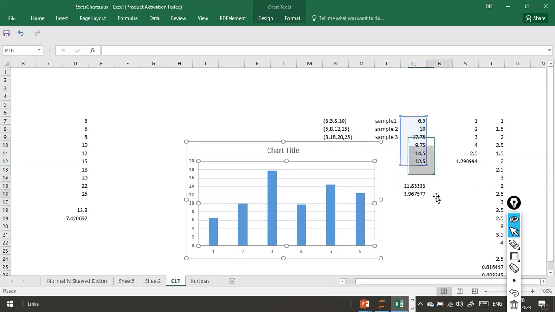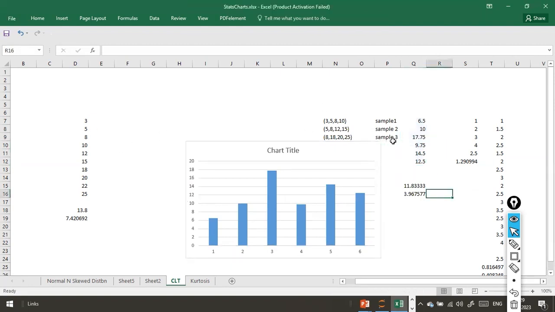When I draw random samples from the population and plot these sample means in the chart, it becomes approximately normally distributed. As the number of samples increases, when I plot the sample means, it becomes approximately normally distributed.